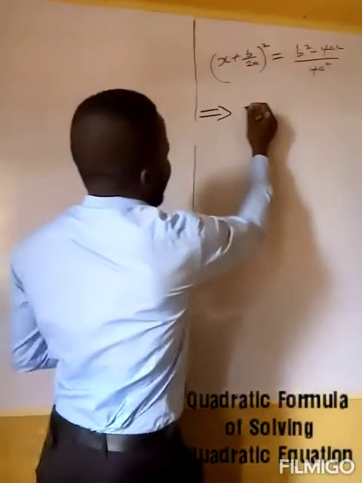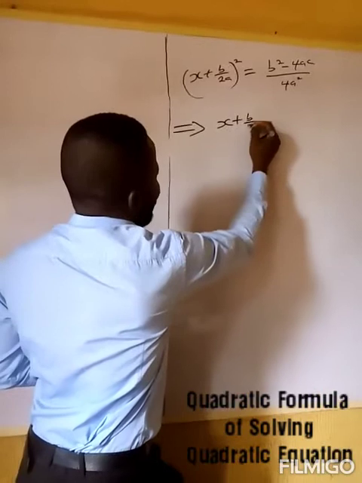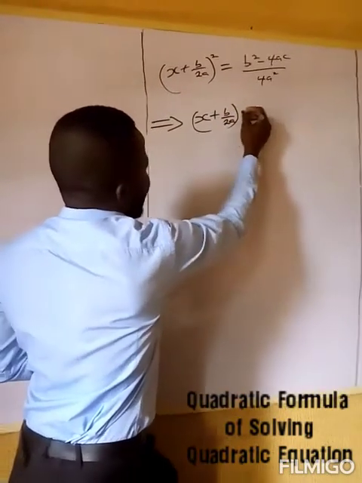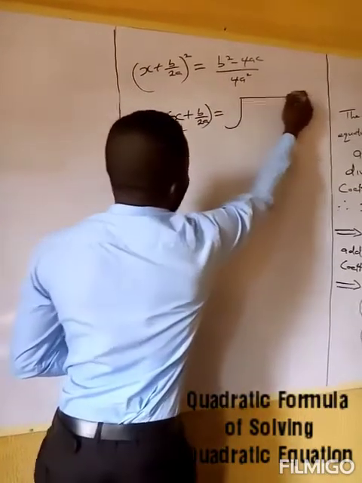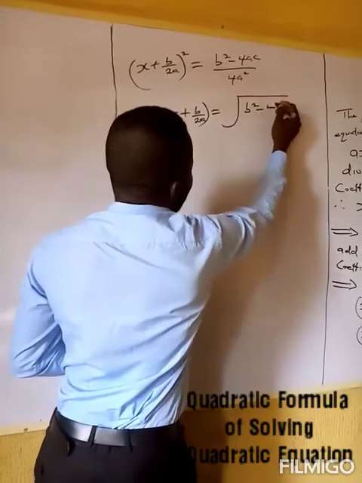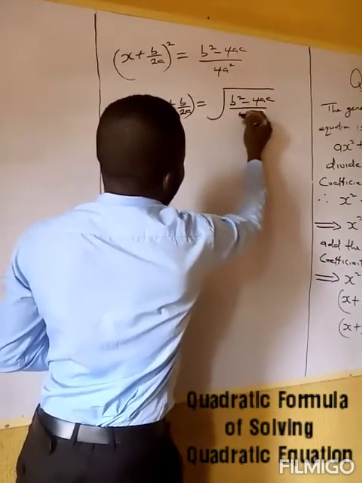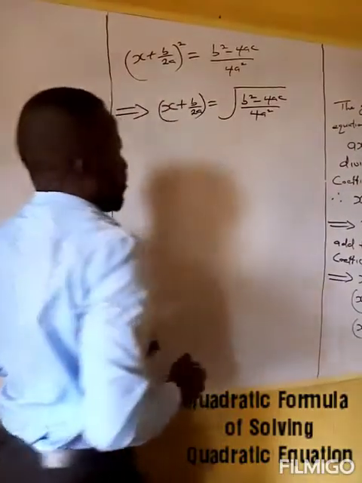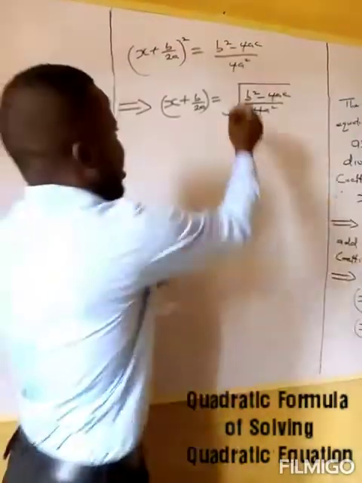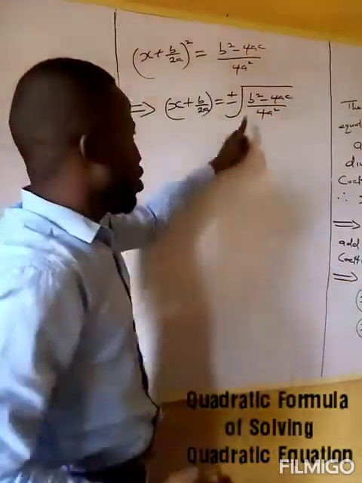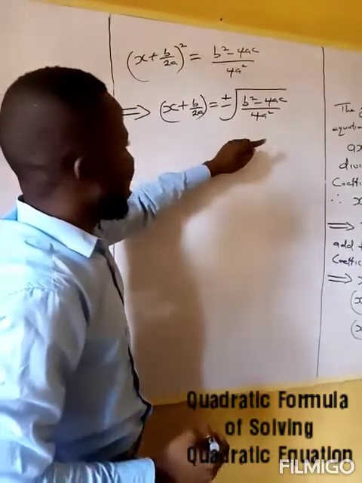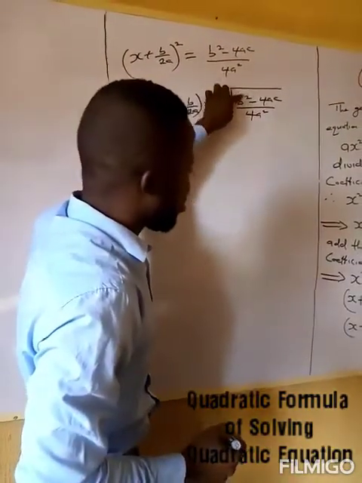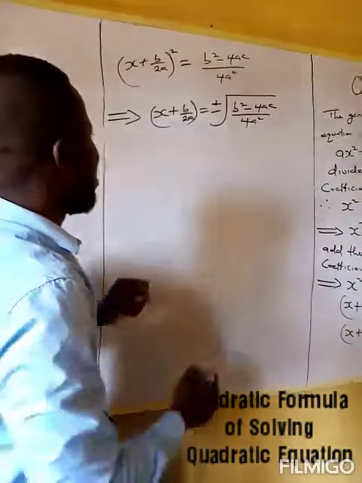It implies s plus b over 2a equals plus or minus root b squared minus 4ac over 4a squared. Don't forget, we are having plus and minus, and this root affects both numerator and denominator.